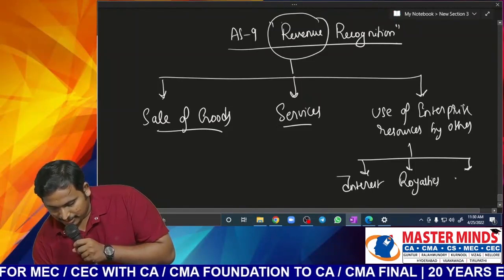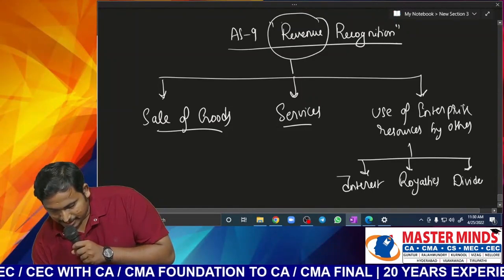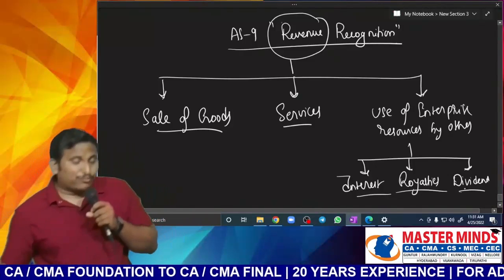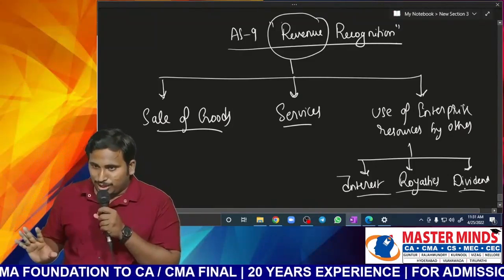That means the third set is interest income, dividend income and royalty income. Only for these incomes are we going to learn timing.